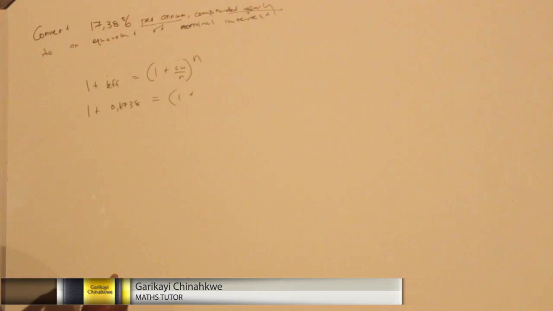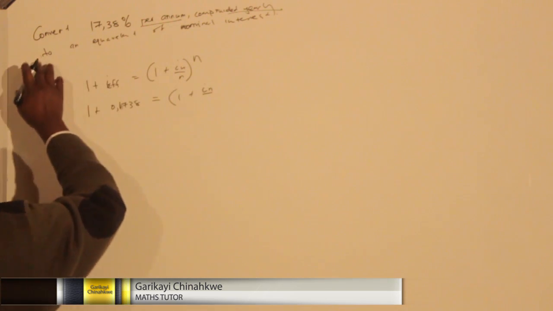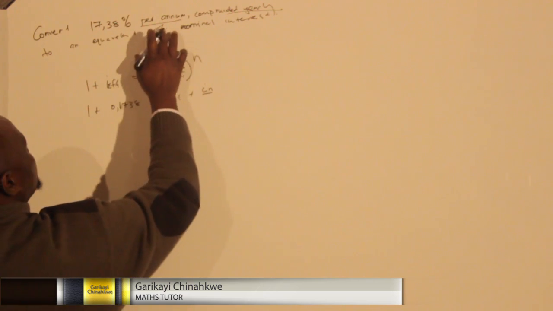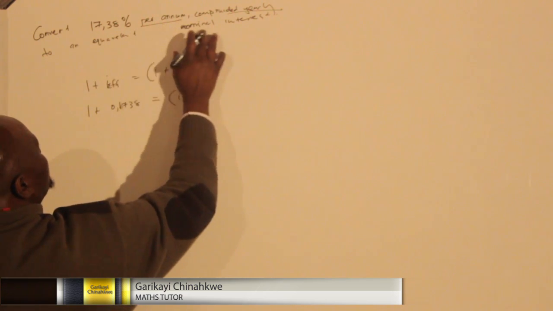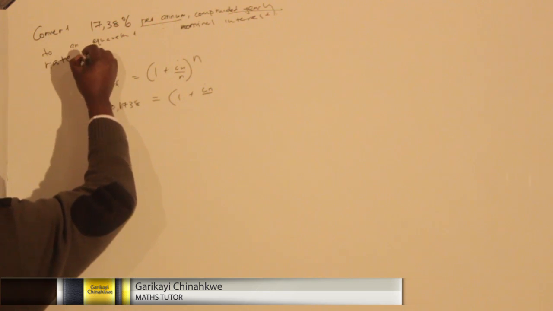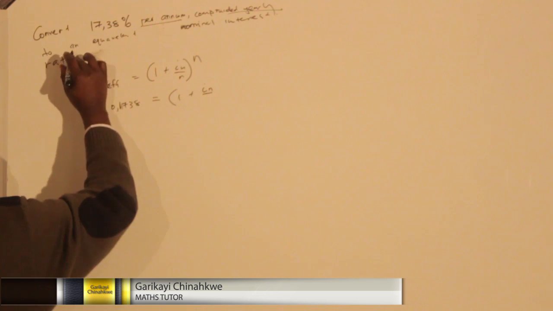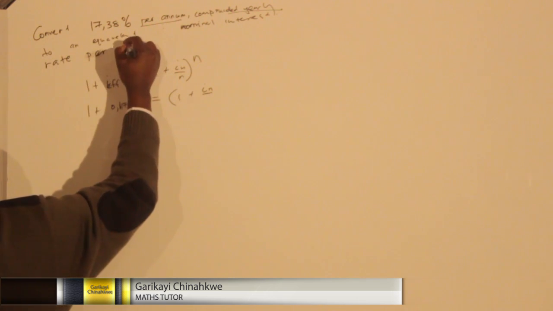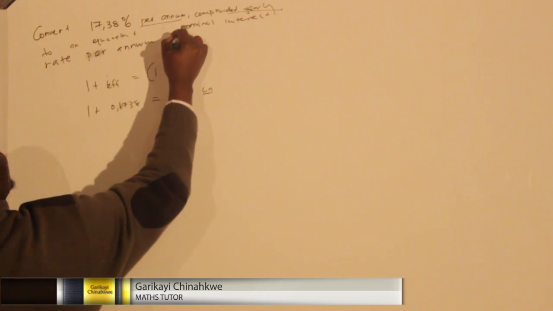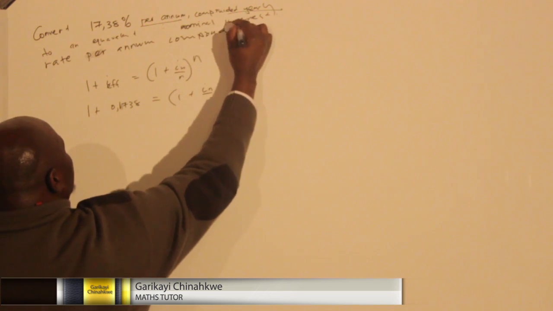Your nominal now is the one that you're looking for. We want the equivalent nominal interest rate per annum, compounded quarterly.